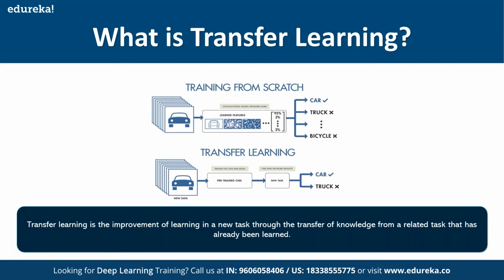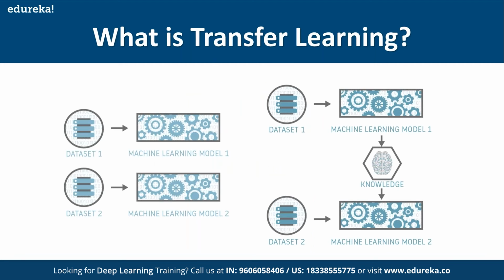In a traditional approach, if I have data set 1, I'll train my model, and if I have a separate data set, I will train independently on the second data set. That is the general approach. Now when it comes to transfer learning, I'll use data set 1 and build machine learning model 1.